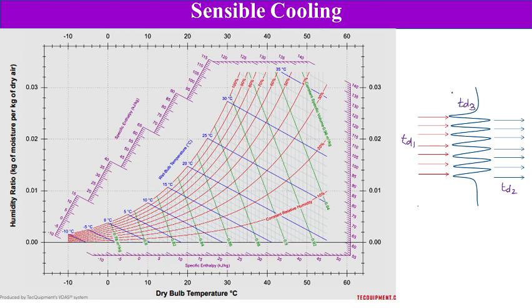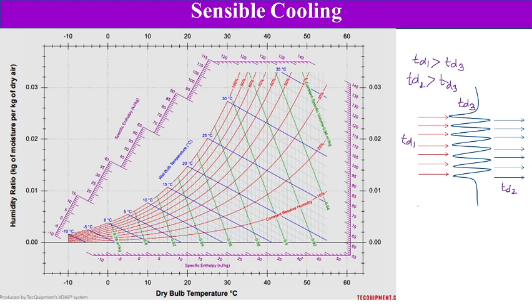So in this case TD1 is greater than TD3 because it is a cooling process. It is expected that the temperature of air passed over the cooling coil should reach the coil temperature. Practically it does not reach the lowest temperature TD3. So TD2, the temperature of air coming out, is still greater than the temperature of cooling coil TD3.